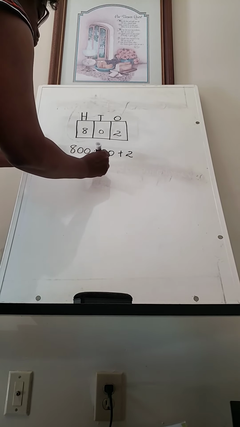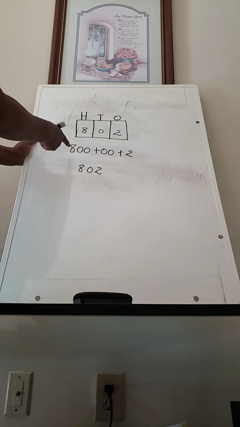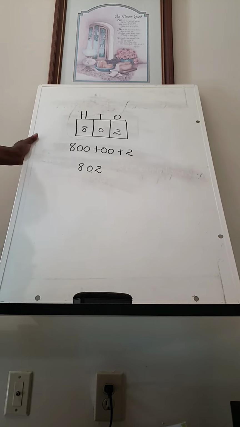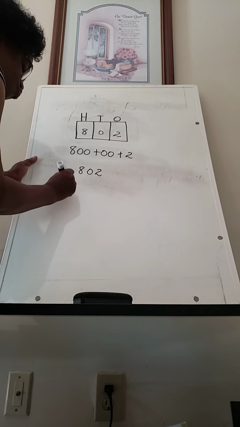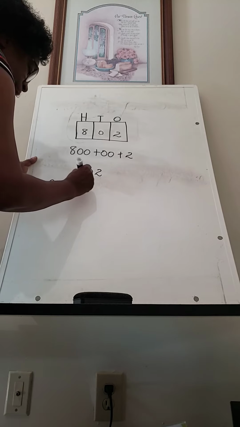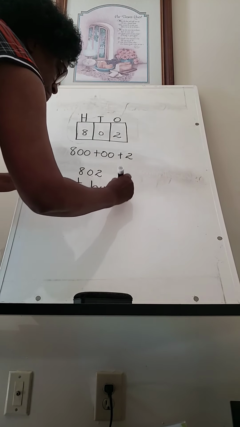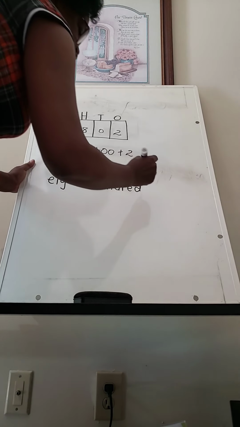So that is 802. So we have our digits on our place value chart, expanded form and standard form. If we're writing it in word form, it would be 800 and 2.